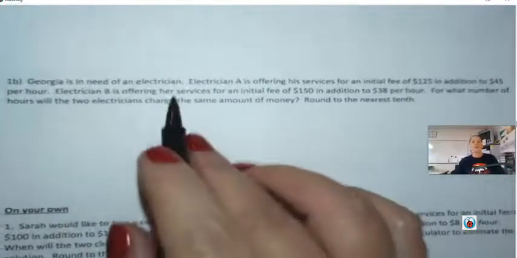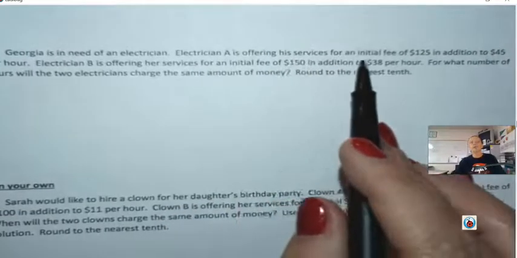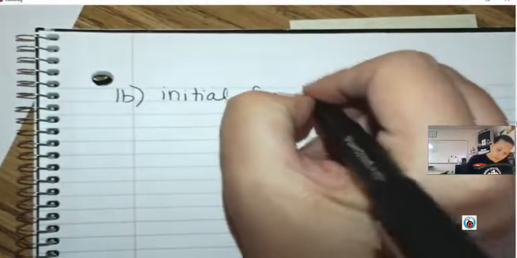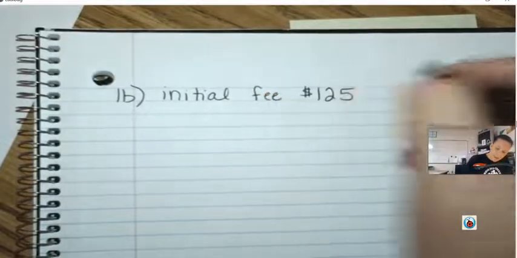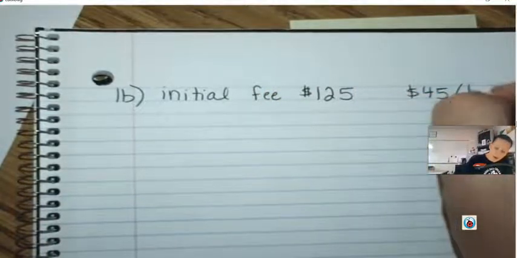Georgia is in need of an electrician. Electrician A is offering his services for an initial fee of $125 in addition to $45 per hour. So electrician A has an initial fee, a starting fee of $125, and a fee of $45 per hour.